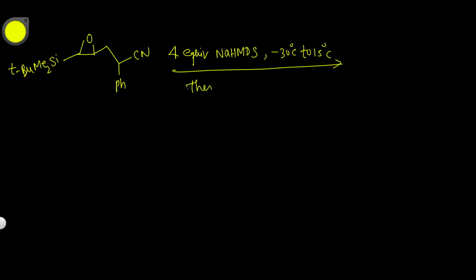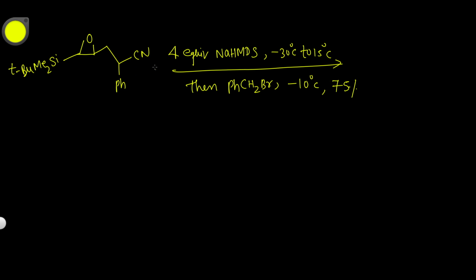Then we are taking PhCH2Br at minus 10 degrees Celsius. Sorry, the temperature of this is 10 degrees Celsius, and we got a product yield of 75%.